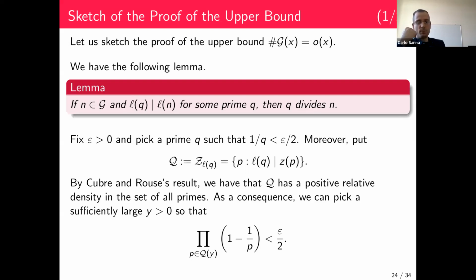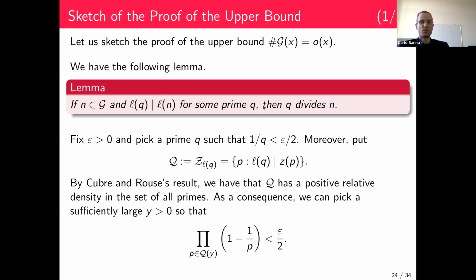Then, by the previous result, we have that big Q has a positive relative density in the set of prime numbers. And as a consequence, this, let's call it Mertens-style product over the elements of big Q which are less than y, for y sufficiently large, is less than epsilon over 2.